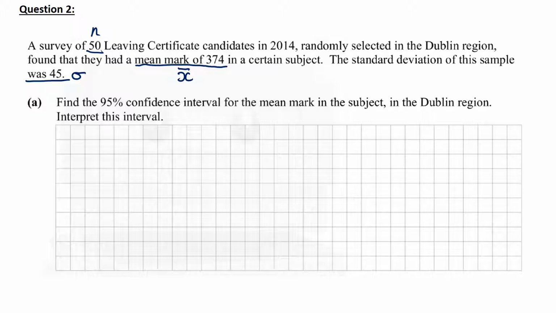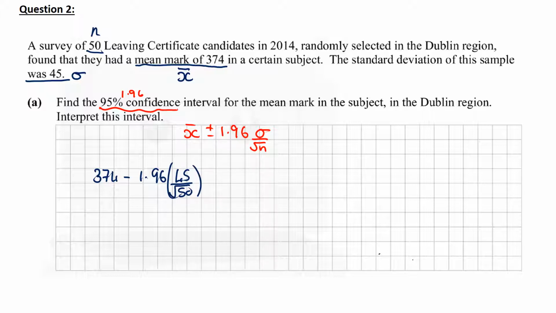Find the 95% confidence interval of the mean mark in the subject in the Dublin region. So just like before, we have our formula. We have X bar plus or minus 1.96 because it's 95% confidence, 1.96 sigma over root n. So we have 374 minus, remember we're always doing our minus first because it's going to be the smaller number, 1.96 times 45 all over the square root of 50.